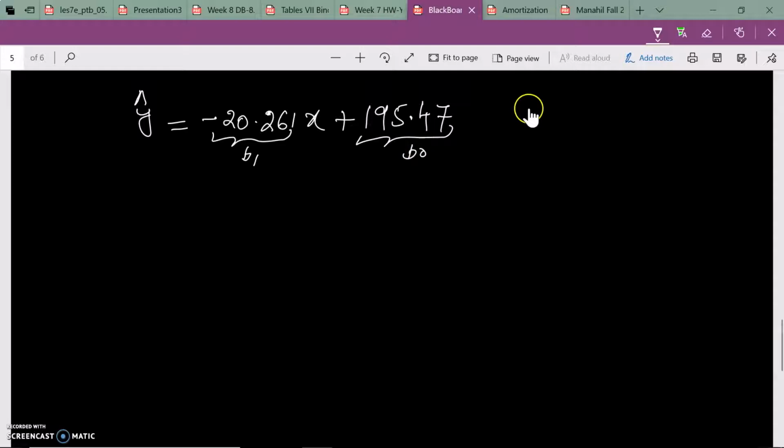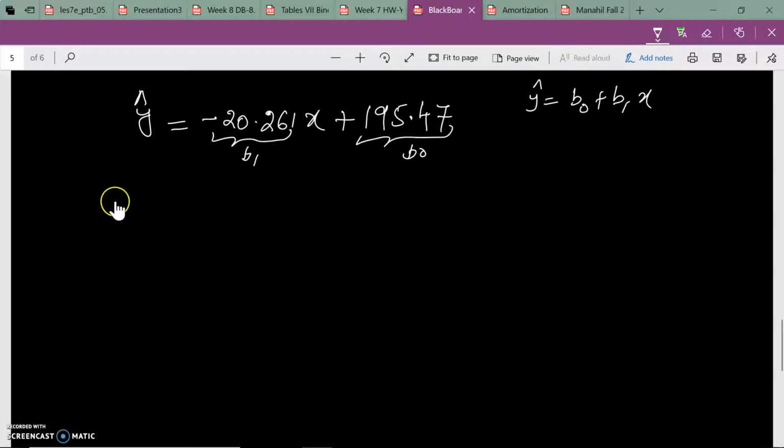I hope you remember this equation, y hat equals b0 plus b1x, and this is the same equation. You can compare these two equations. They look quite similar. I will explain the meaning of the slope and the y-intercept, but first let me predict the value.